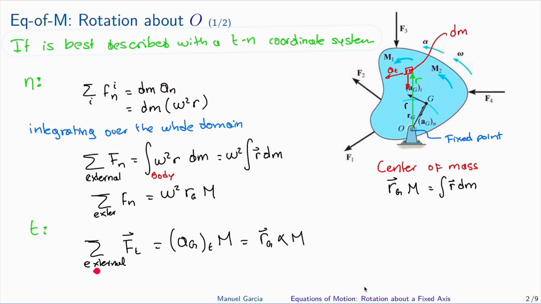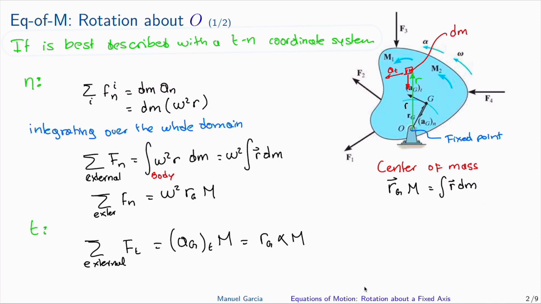So the same way, for the tangential, we have that the sum of the forces in the tangential direction, let me delete the vector because this is just magnitude, is equal to the tangential acceleration of the center of mass multiplied by the total mass. And the tangential acceleration is equal to r multiplied by alpha. So this is in magnitude and multiplied by the mass.